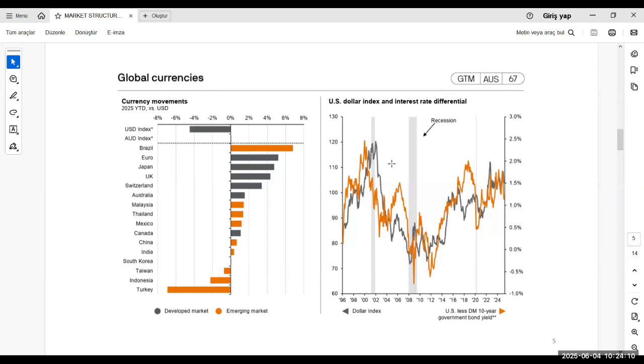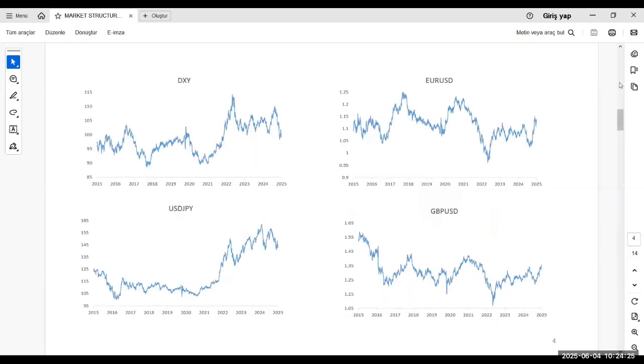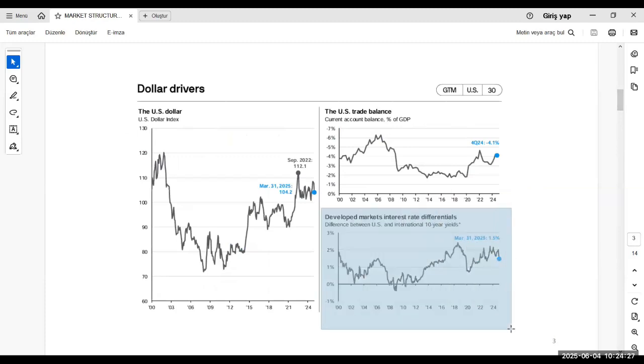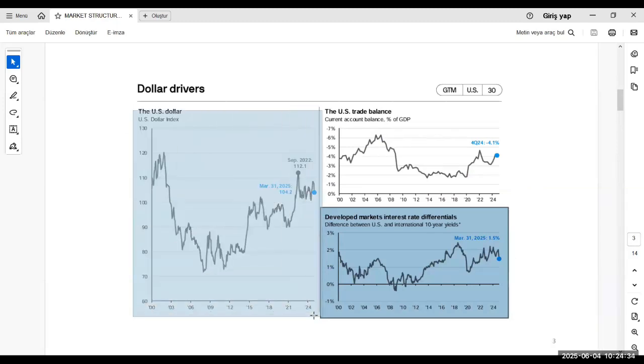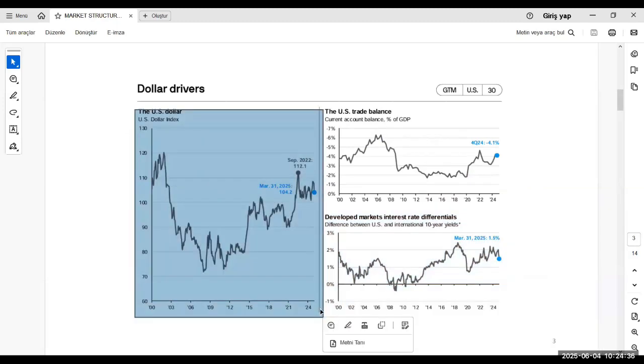If the dollar spot index is losing strength, it means the United States is giving less interest rate, right? Because the interest rate spread is decreasing and the dollar is losing strength as well. So if you understand this chart, what we mean by interest rate spread and how it affects the dollar spot exchange rate, you can earn money from the international FX market. Okay.